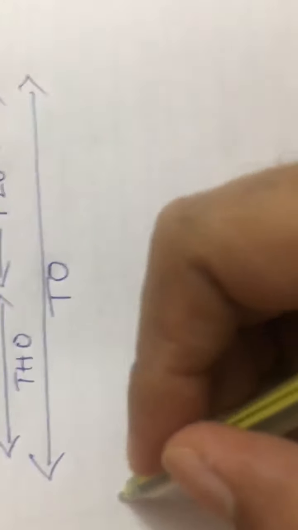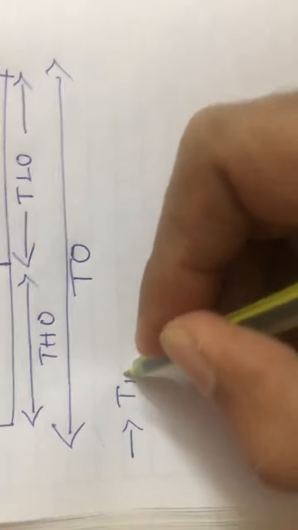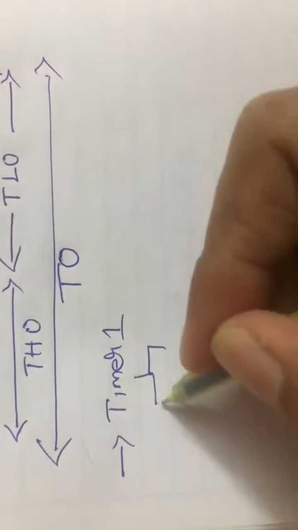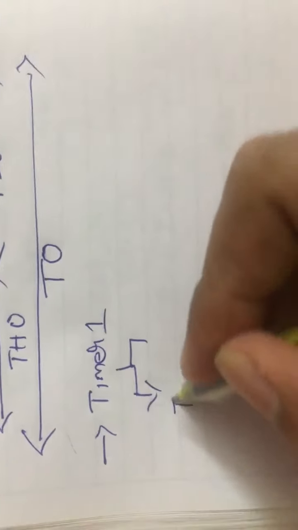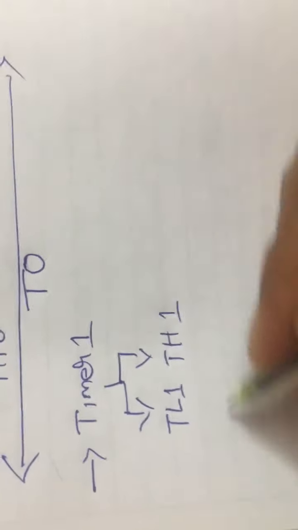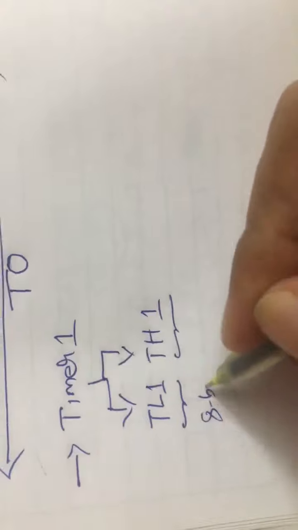Similarly, if I take timer 1, again in this we have TL1 and TH1. These two are again 8-bit wide.